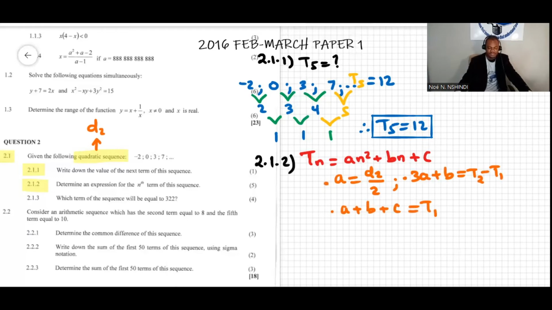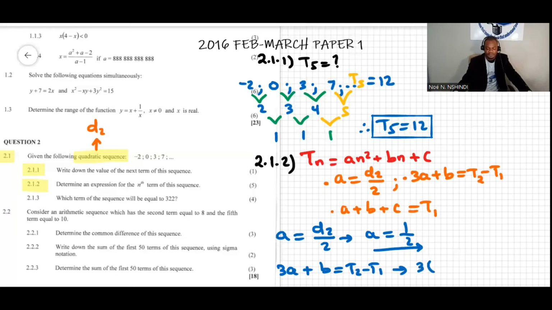Now let's start with a. The fact that a equals the second difference divided by 2 means that a will be equal to a half, because the second difference is 1. So we know a is a half. Now let's find b. Since we have a, we can substitute, because we have 3a plus b equal to T2 minus T1.